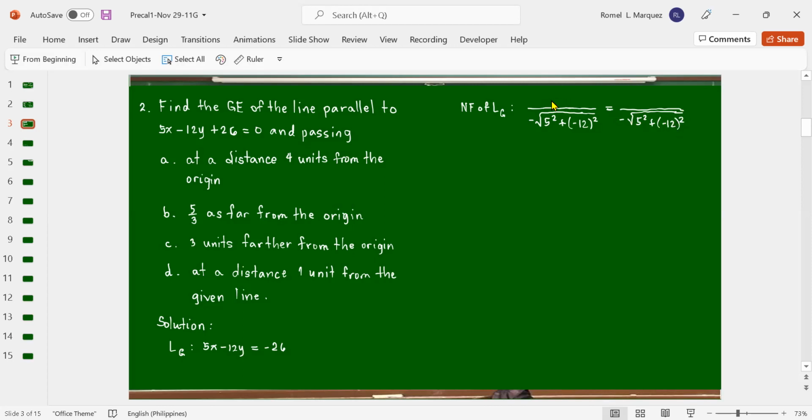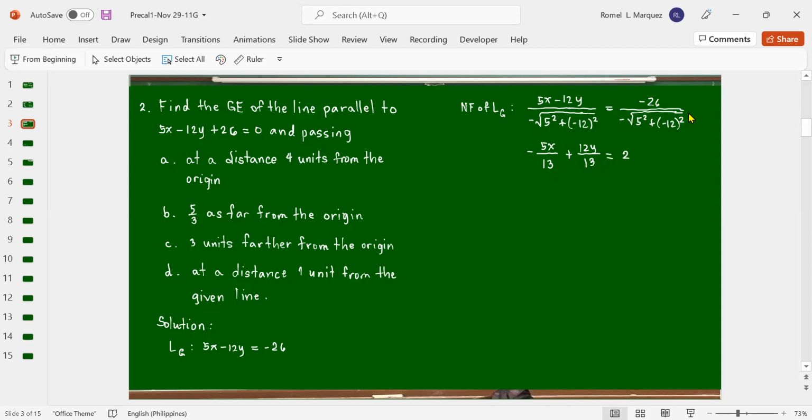The same divisor on the right side. What about the numerator of the left side? 5x minus 12y, and the right side, negative 26. Simplifying, we have negative 5x over 13, plus 12y over 13, and the right side is positive 2.